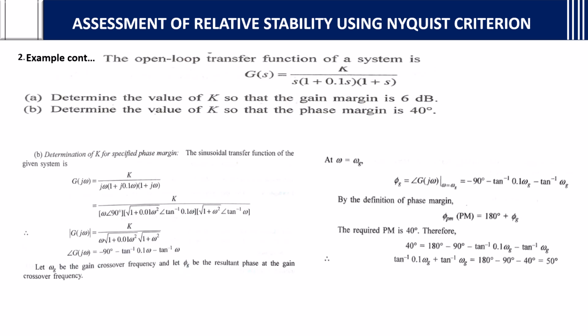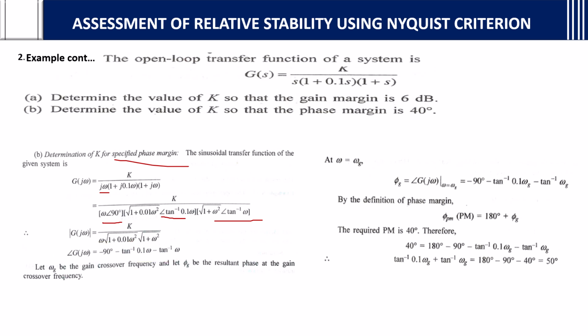Second question. Determination of K for specified phase margin. Same way, at the origin it is there, so the angle will be 90, and tan inverse 0.1 omega and tan inverse omega you will write, right? Then by substituting, these angles will be separately added: minus 90 minus tan inverse 0.1 omega minus tan inverse omega.